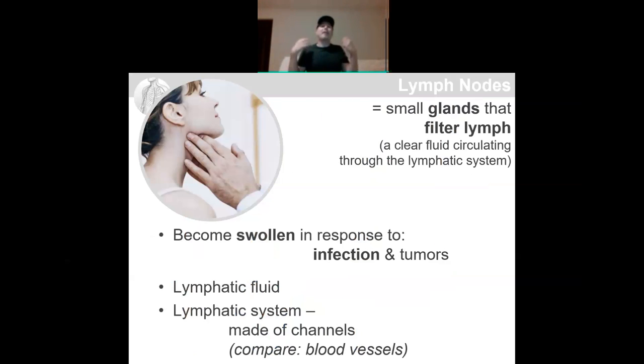The reason you might want to learn about this, if you think of the fields where you might be heading, is of course when a doctor checks your lymph nodes. What we are doing there is looking at whether you have an infection somewhere in your body.